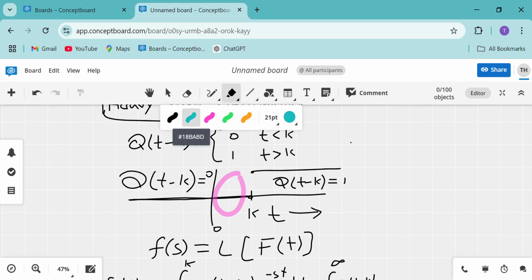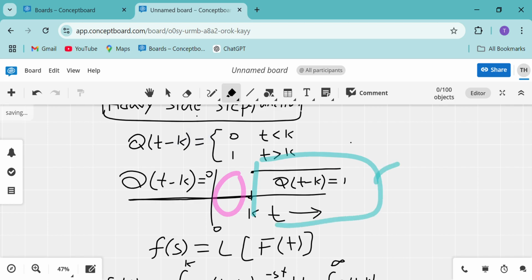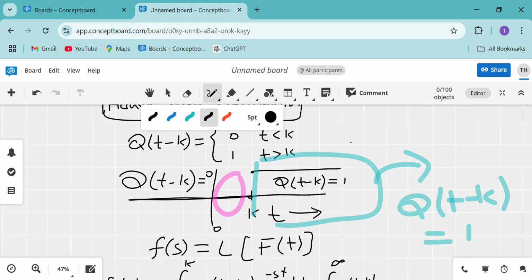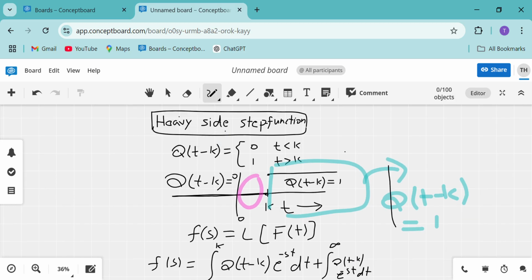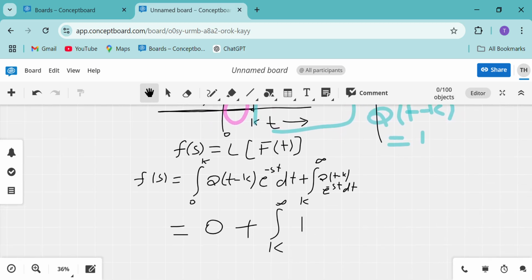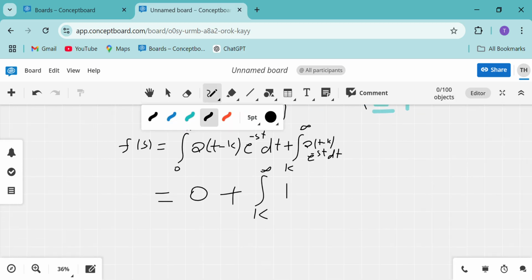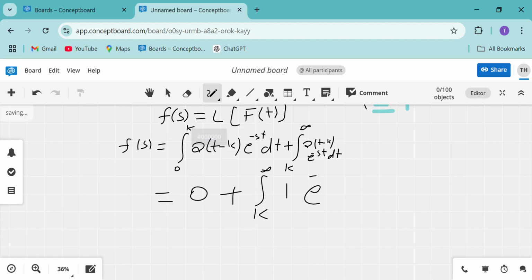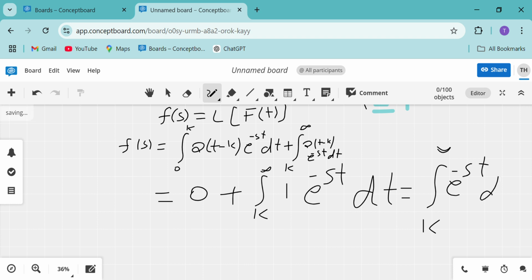That is why I have used 1. So I can write this as the integral from k to infinity of 1 times exponential minus st dt.